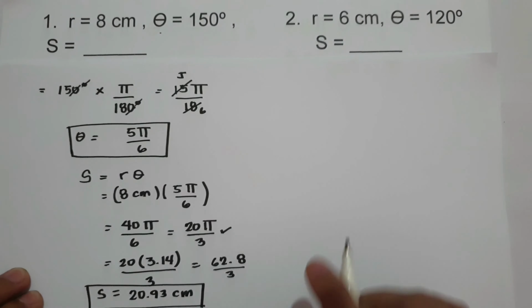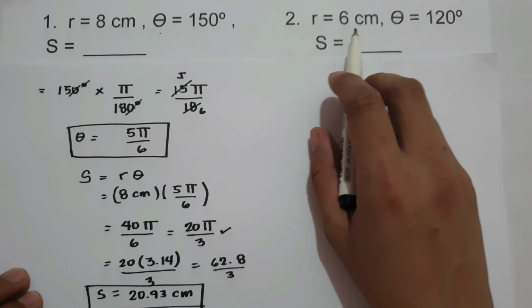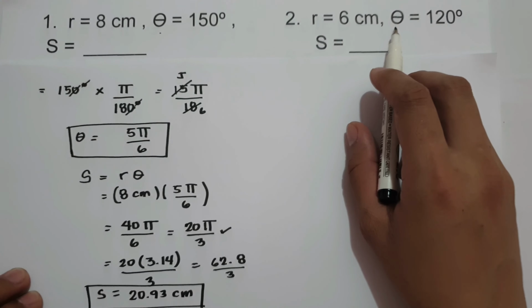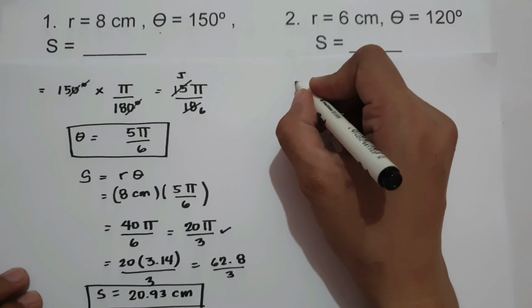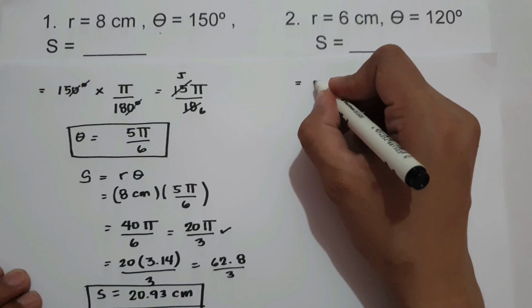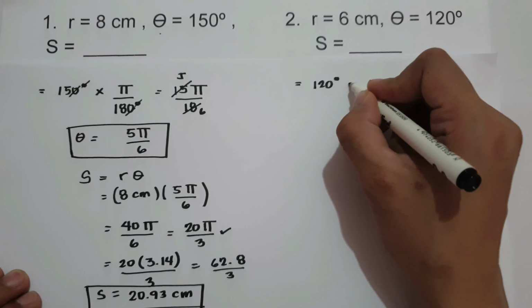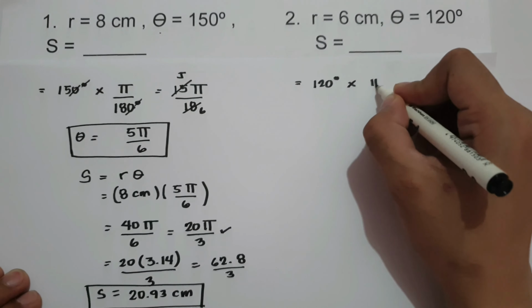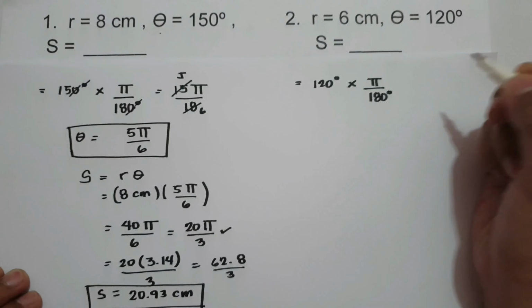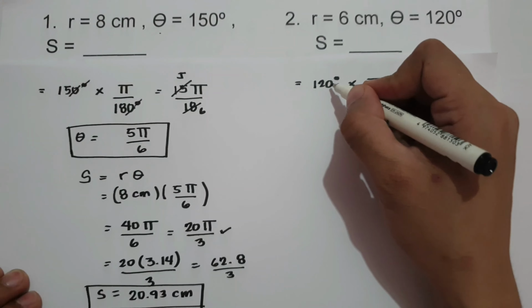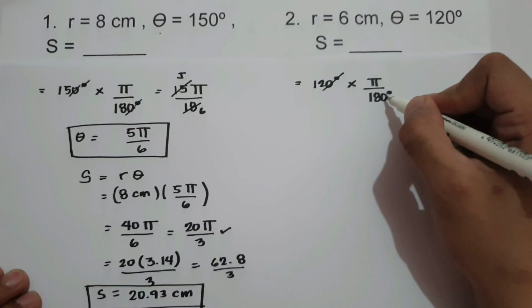What about number 2? The radius is 6 centimeters. Theta, or the central angle, is 120 degrees. Let us first convert 120 degrees into radians. 120 degrees times pi over 180 degrees. Let us cancel the 0 and the degree symbol.